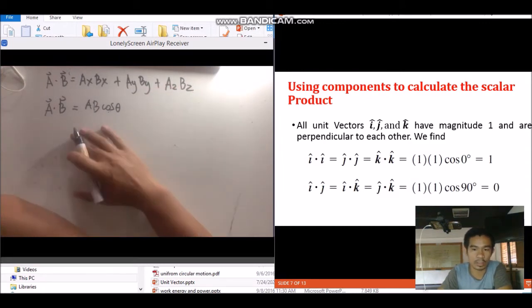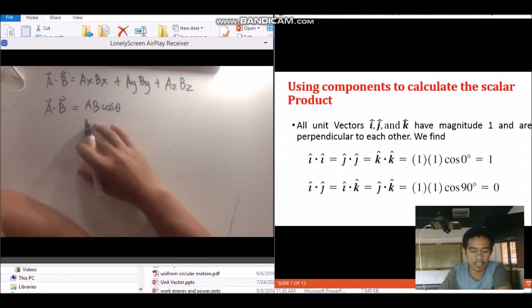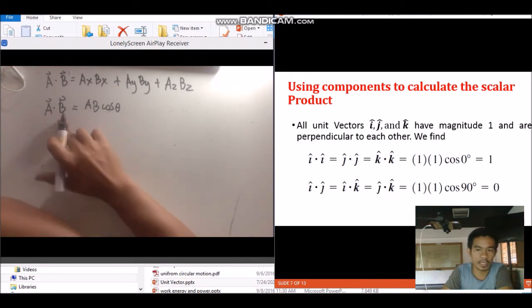So what is the angle between these two vectors, vector A and vector B?